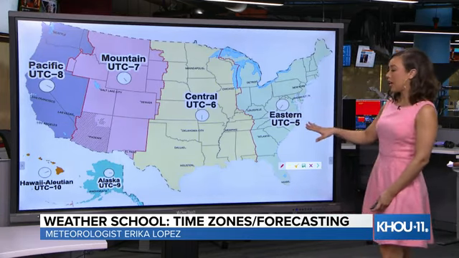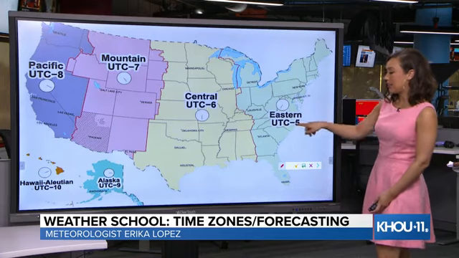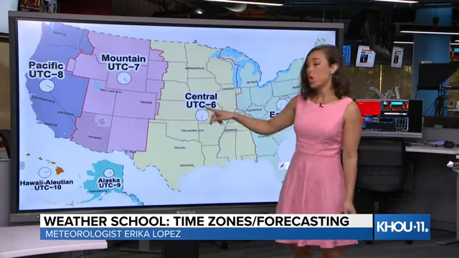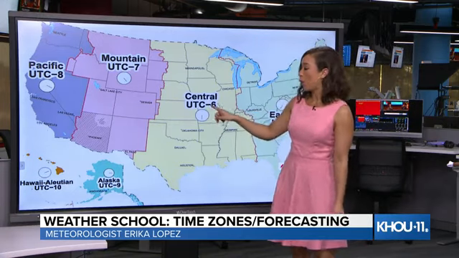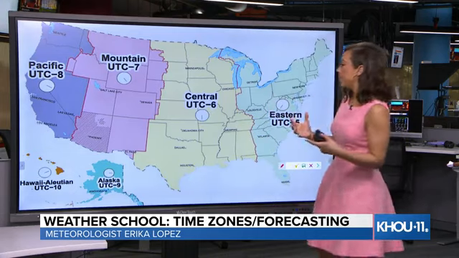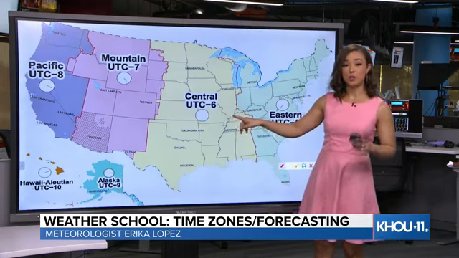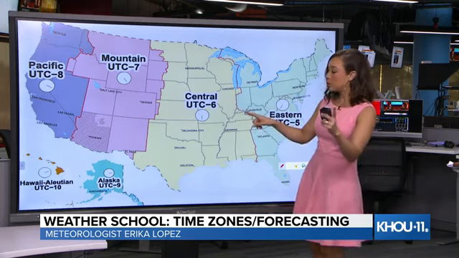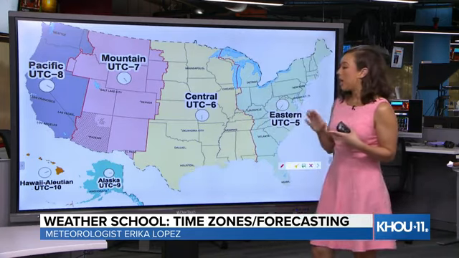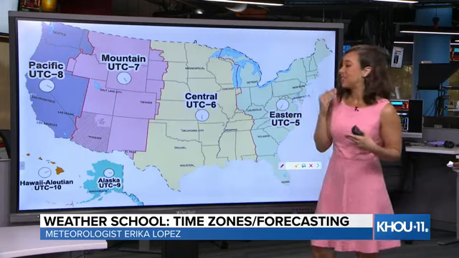We have the Eastern time zone, UTC -5. We have the Central time zone, UTC, and UTC stands for Coordinated Universal Time. That's the global time stamp. And we are -6. So if you can just remember that, us here in Texas, we are Central Time, and our time zone number is -6.